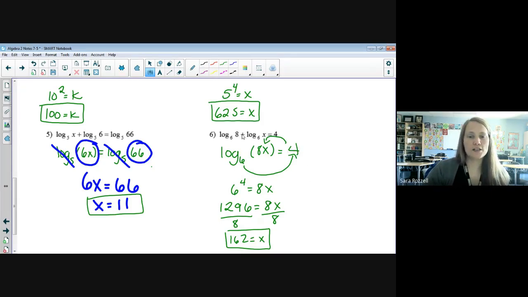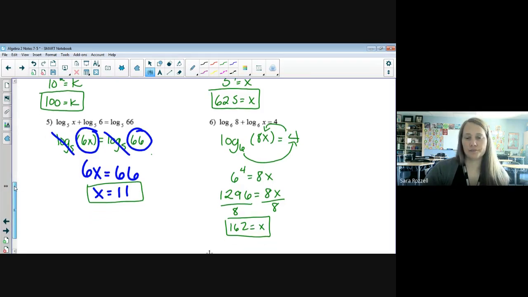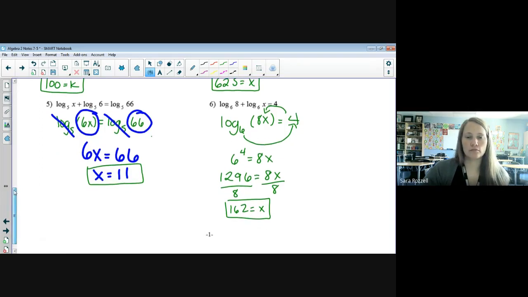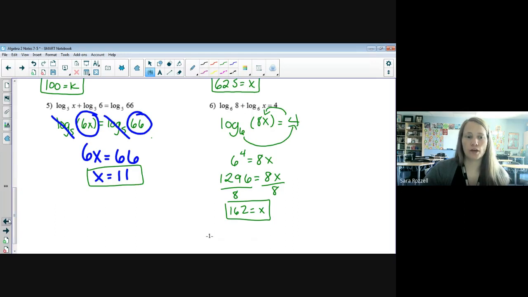You might occasionally have a minus. If it's a minus instead of a plus, you're going to have a division instead. So it would be like x over 8 or 8 over x, and then you would solve that part. So just make sure you do the right operation for that. Okay. Alrighty, next page.